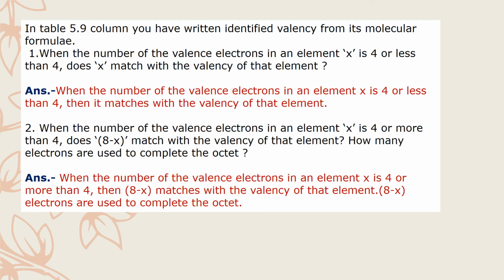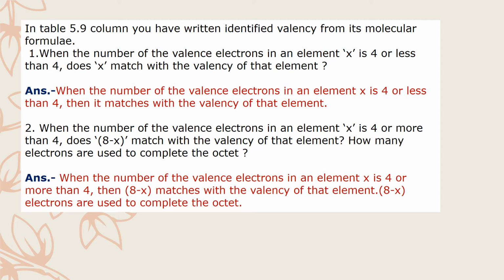But when the number of valence electrons in an element X is 4 or less than 4, does X match with the valency of that element? So when the number of valence electrons in an element X is 4 or less than 4, then it matches with the valency of that element. Now when the number of valence electrons in an element X is 4 or more than 4, does 8 minus X match with the valency of that element?